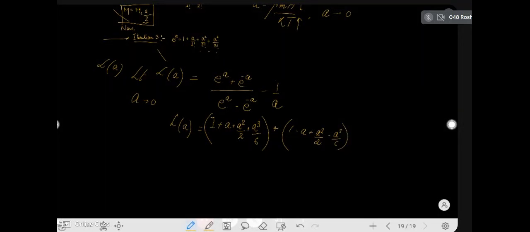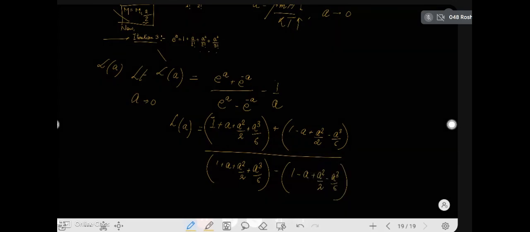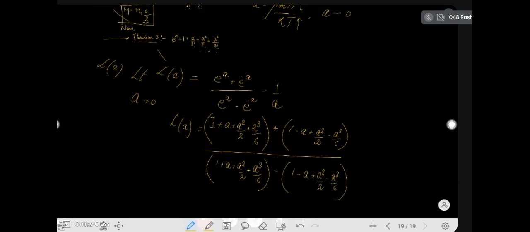All this divided by the same thing: 1 plus a plus a square by 2 plus a cube by 6 minus 1 minus a plus a square by 2 minus a cube by 6, and all this minus 1 by a.